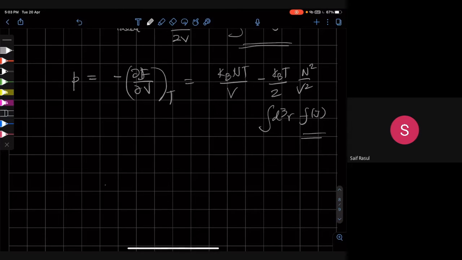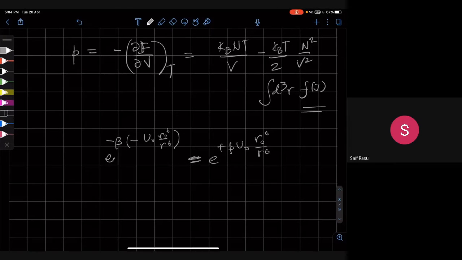approximation we can make, and the approximation is that in the Lennard-Jones, we have e to the power minus beta, and now the attractive part is going to have minus u naught r naught^6 over r^6, and that thing is going to be e to the power plus beta u naught r naught^6 over r^6.